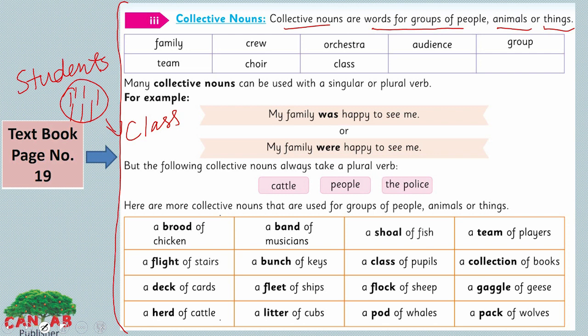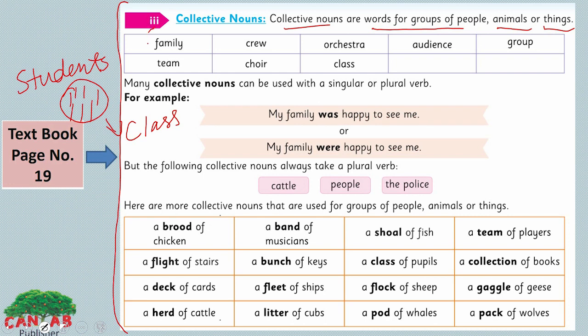Likewise, animals, birds and things form together, come together. We have a specific noun, we call it a collective noun, and all of these groups have different collective nouns.